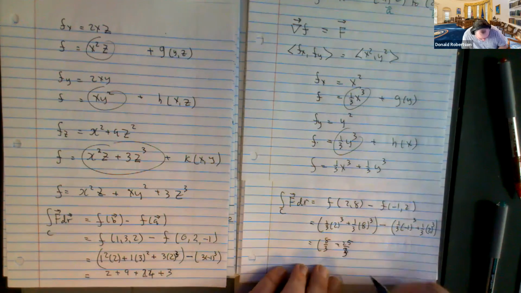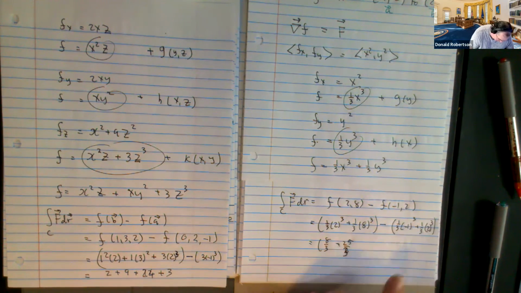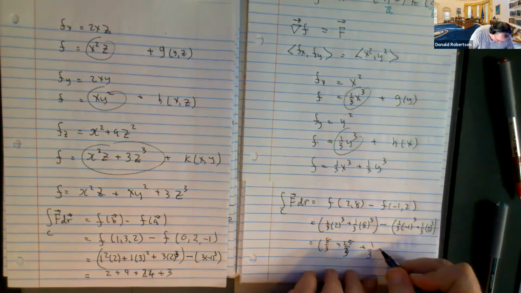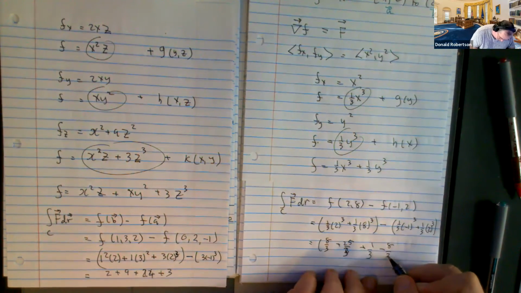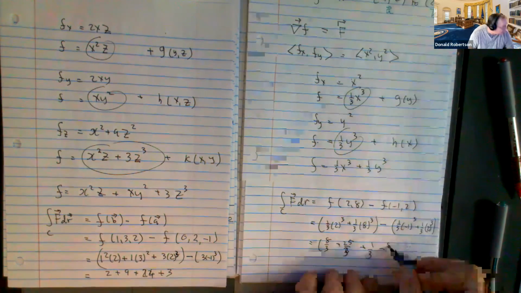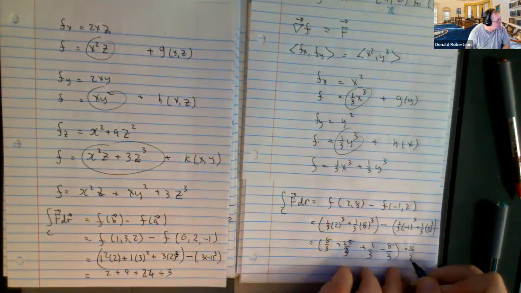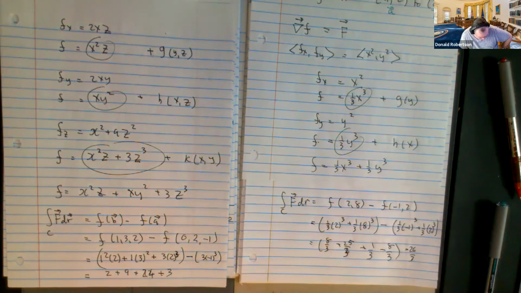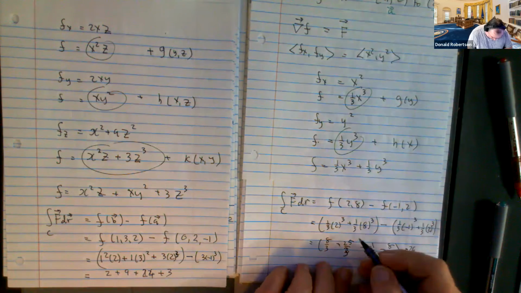That's -1/3. If you subtract it, you add it. That is 8/3, and you subtract it. I get 26/3. What's wrong? Oh, that's what's wrong. 256.